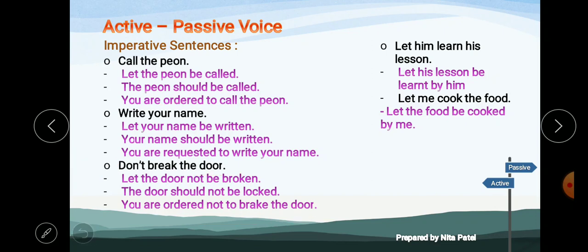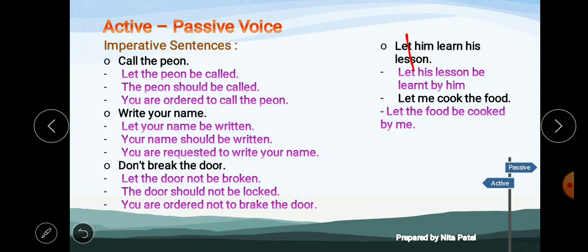Another example is given on the right side, that is the let structure. In this we will use that fourth style. Look at this: let him learn his lesson. Here we have another subject apart from you. What is it? Him.